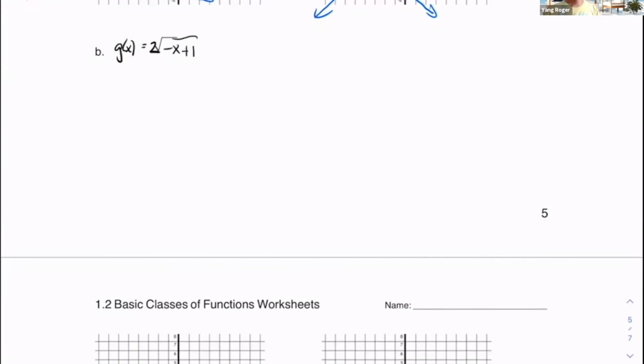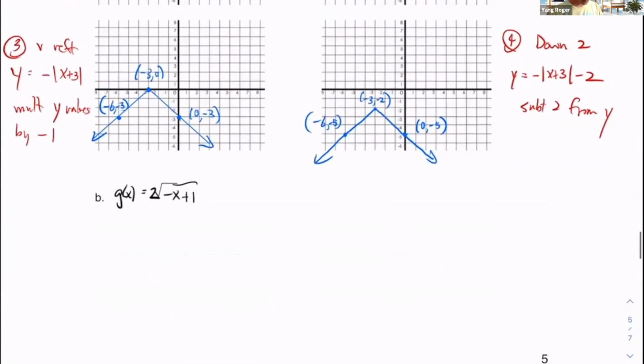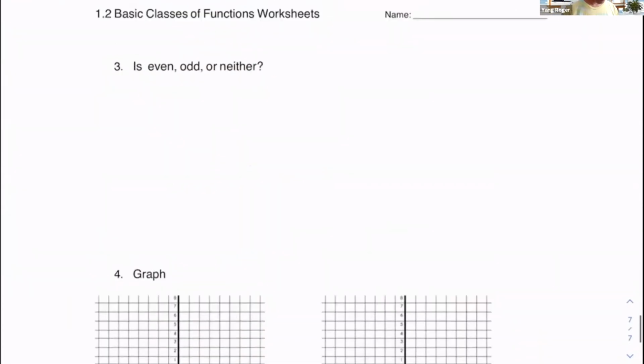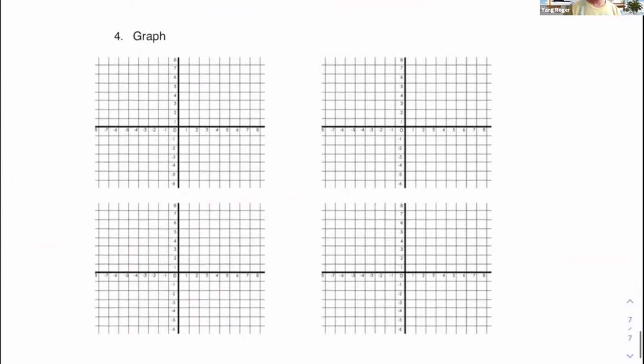How are we doing on time here? 3:15. I even copied the question wrong. Maybe let's skip that. What was this guy here I wanted you to graph? It's gone.